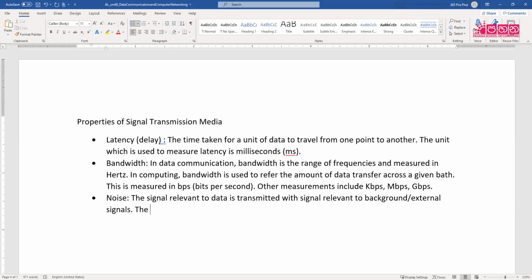The signal which is not relevant is called noise.